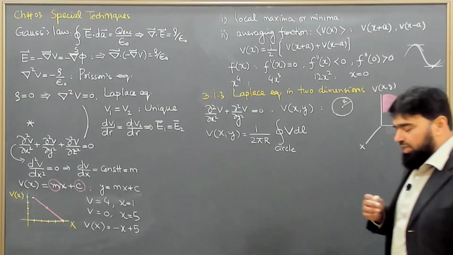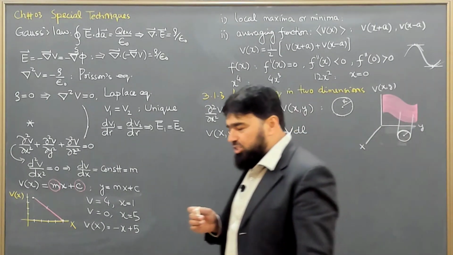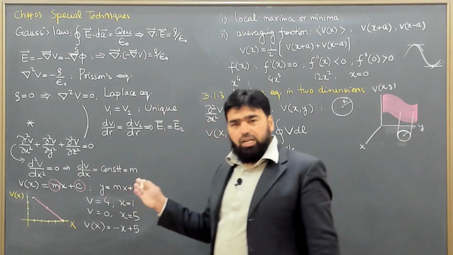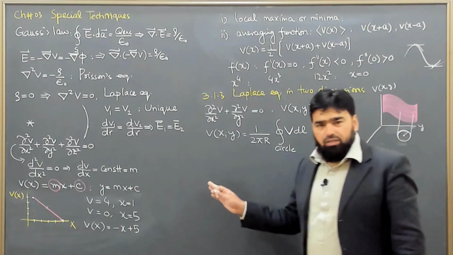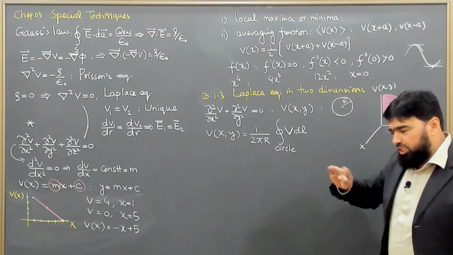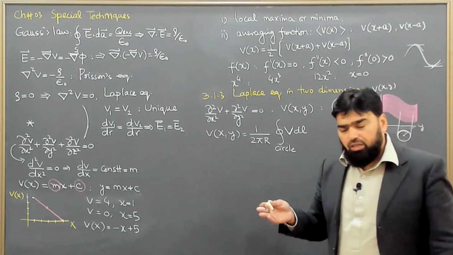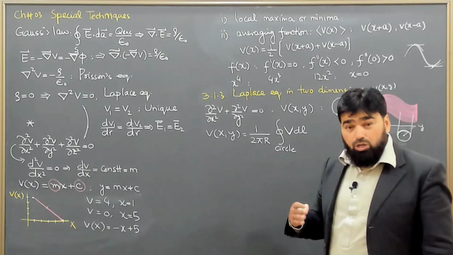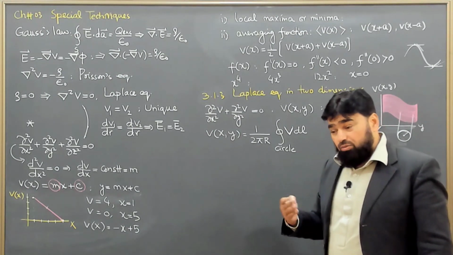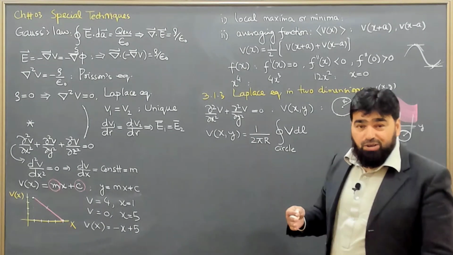In 1 dimension the straight line was very clear. Then in 2 dimensions we can imagine a sheet, but when we have 3 dimensions, meaning volume, then what will be the local maxima or minima?